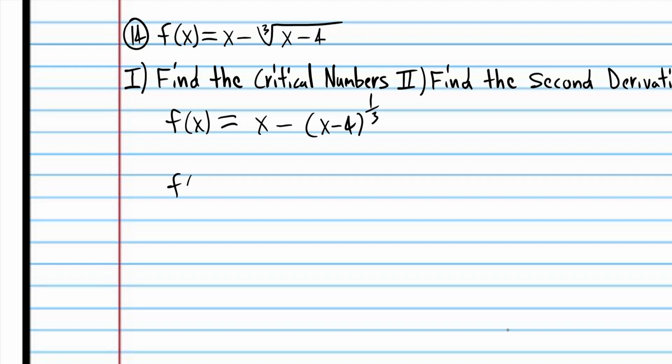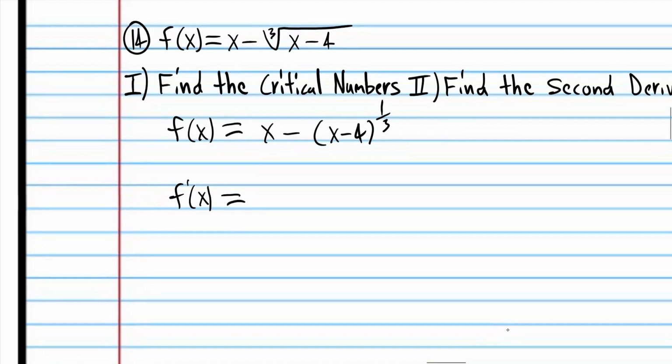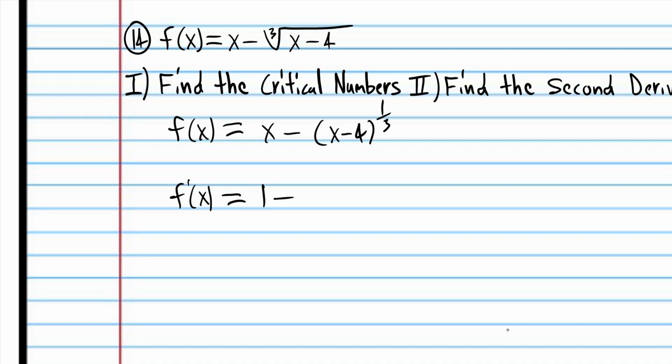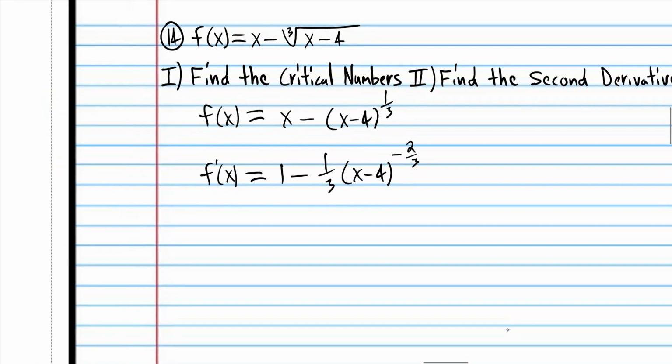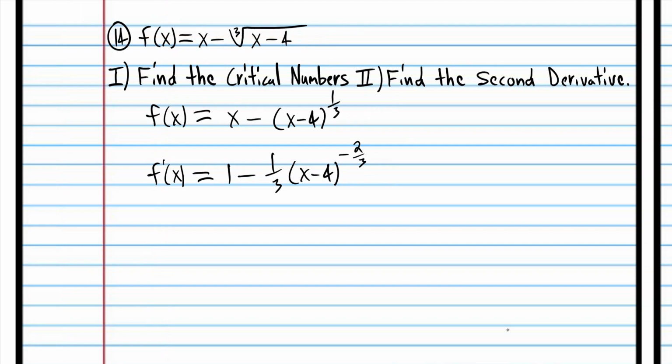But before we find the derivative, we're going to change to exponential notation because it's just easier to find the derivative that way. So we have 1 minus 1/3 times x minus 4 to the negative 2/3 power. And then of course we multiply by the derivative of the inside if we wanted to use the chain rule. But we don't have to do that because the derivative of the inside is just 1.